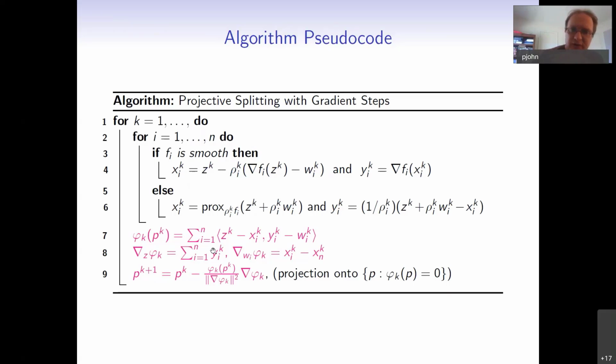Now, this projection is kind of a bottleneck because you have to coordinate everything in the projection. But if you look at what's actually going on, there are sums of vectors, and really these can be done efficiently using reduction type operations. So if you have a distributed system, you can do the actual projection relatively efficiently.